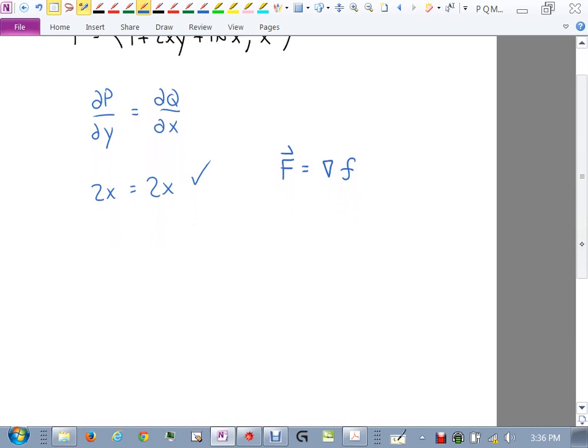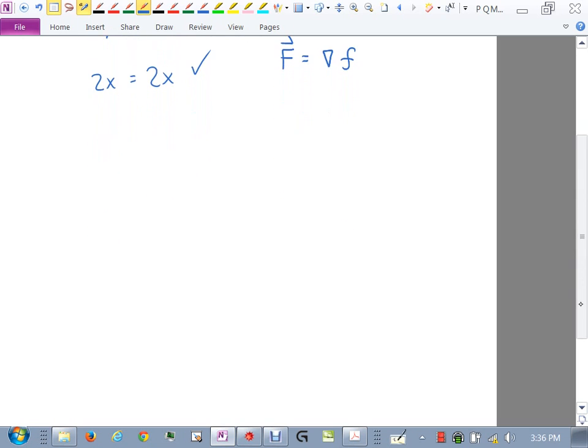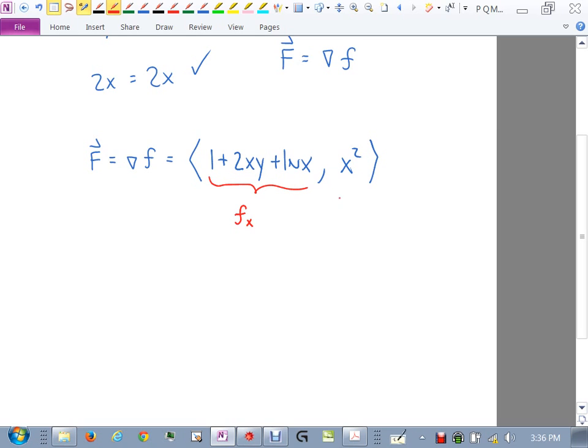So here we go. You ready? All right. What I know right now is that capital F is the gradient of little f, which means that our vector function, 1 plus 2xy plus natural log x, x squared, I know that this piece right here is the partial of f with respect to x, and this right here is the partial of f with respect to y.